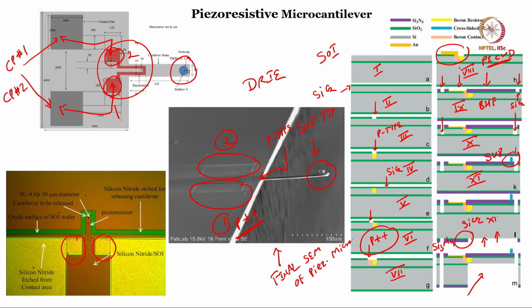In the next step we do the front to back alignment and then etch silicon nitride from the back side, and also silicon dioxide so that we can see silicon. And in the final step we go for DRIE to etch the silicon. So, this is how the piezoresistive microcantilever can be fabricated.